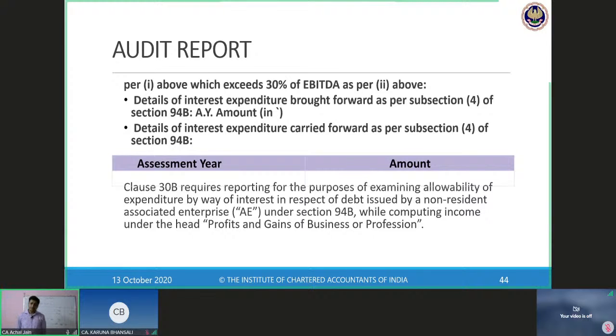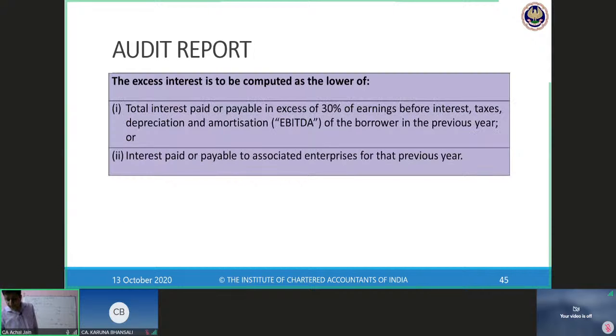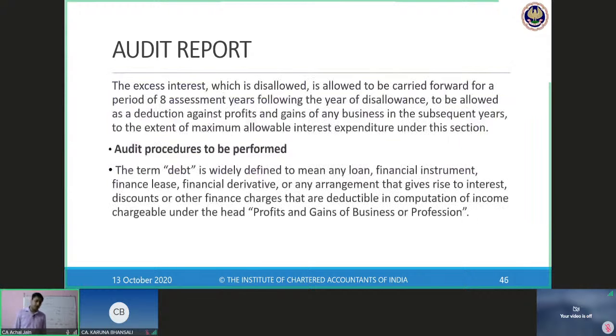Now this clause 30B requires reporting for purposes of examining allowability of expenditure by way of interest in respect of debt issued by a non-resident associate enterprise under section 94B while computing profits and gains of business or profession, and certain computations around it are required to be done.